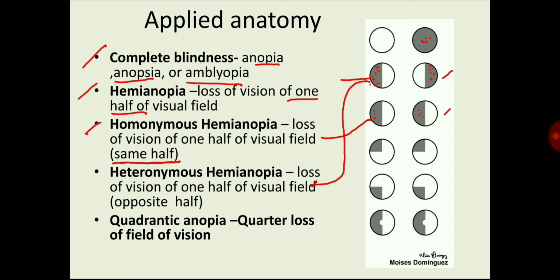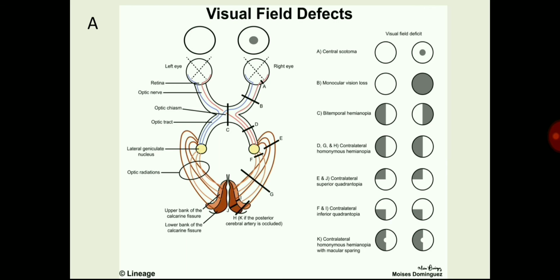Now another type of anopia is quadrantic anopia, in which there is a quarter loss of field of vision. So this one fourth of the vision is lost. Now come to the various types of visual field defects due to lesions at various sites of the optic pathway.